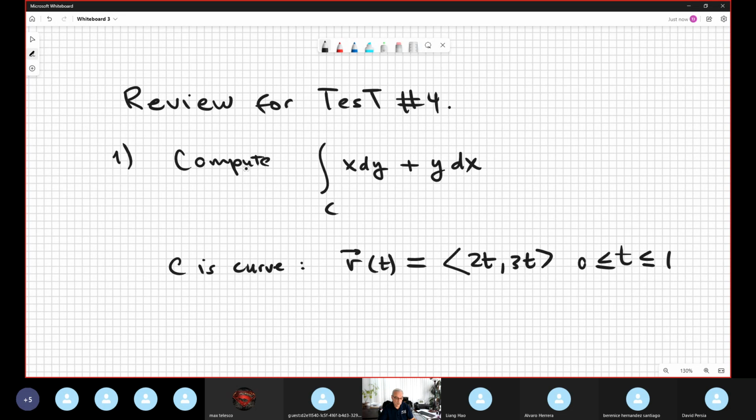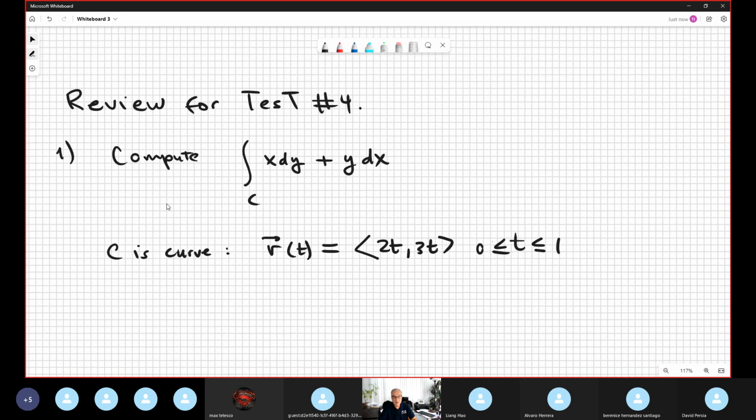Now I copy here in one corner of the paper: this is x and this is y in the parametrization. So x is 2t and y is 3t. Therefore, dx is the derivative of this, which is 2 dt, and dy is 3 dt. Ready to plug in here.